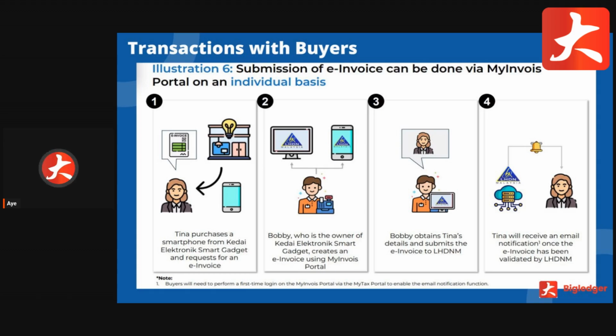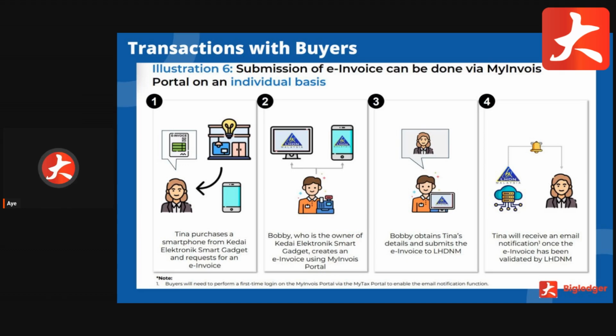Okay, next part is that submission of e-invoice can be done via the MyInvoice portal on an individual basis. This is how the company can use the MyInvoice portal to do the submission.